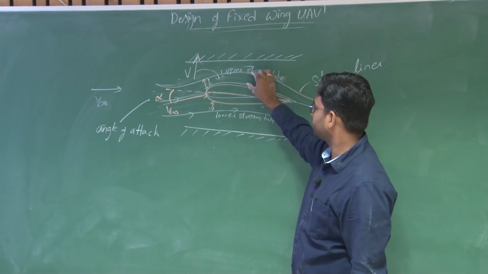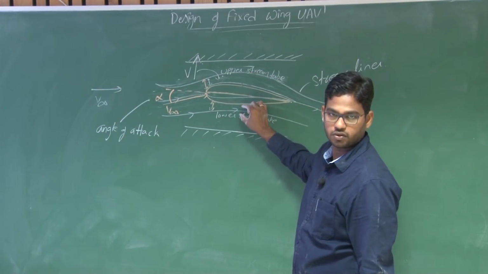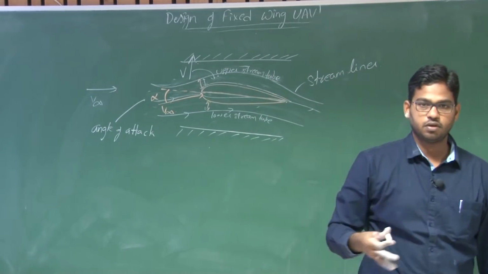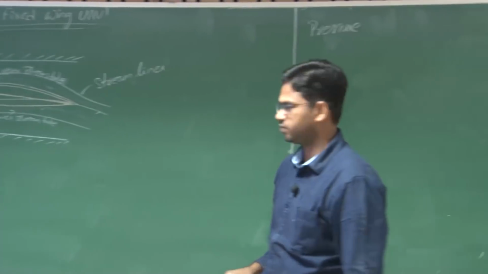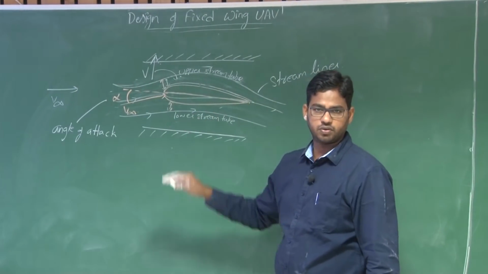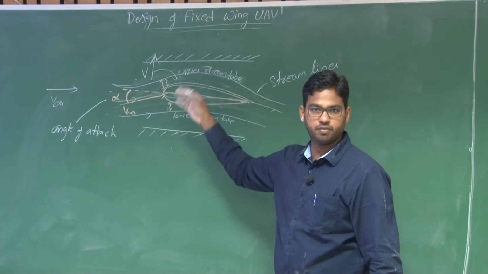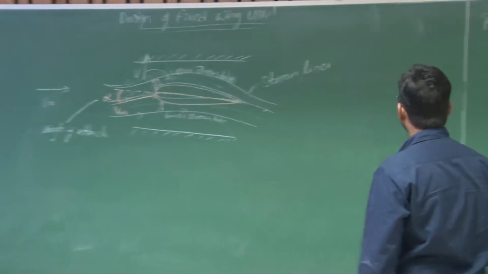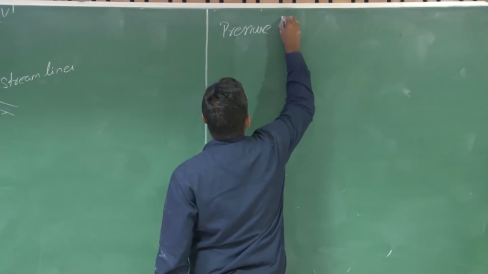So it is higher compared to that of the lower surface. This pressure difference will help you in generating lift. In the case of a symmetric aerofoil, you have to maintain a certain angle of attack so that you attain this pressure difference and lift can be generated. So, pressure distribution.